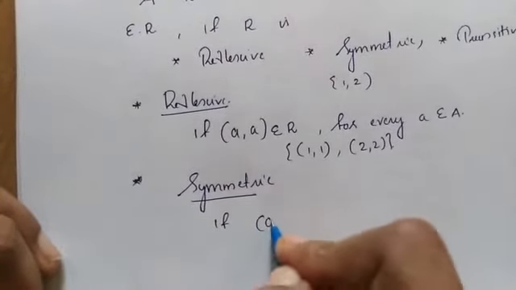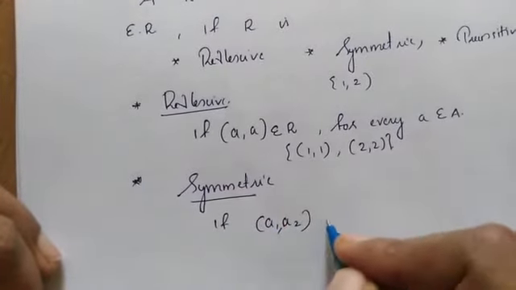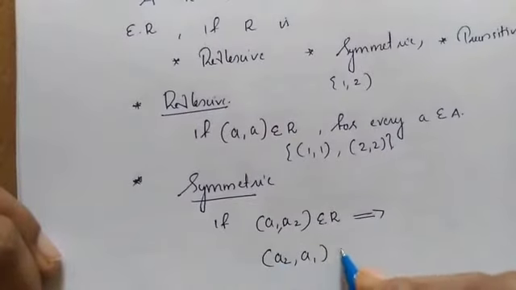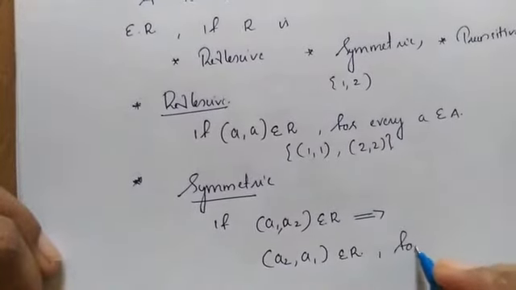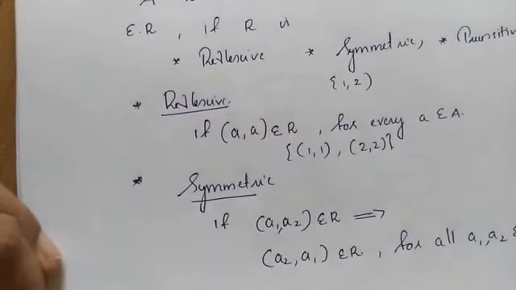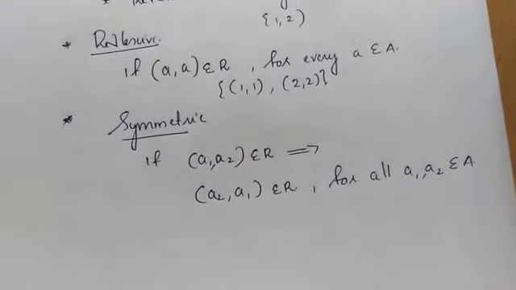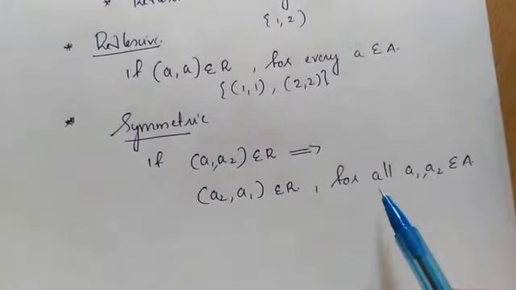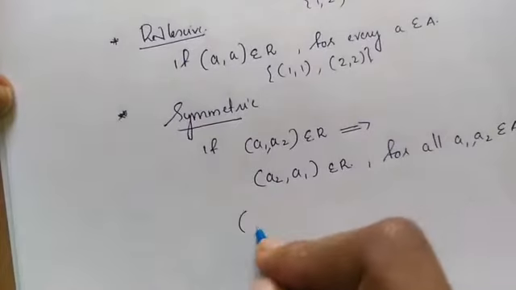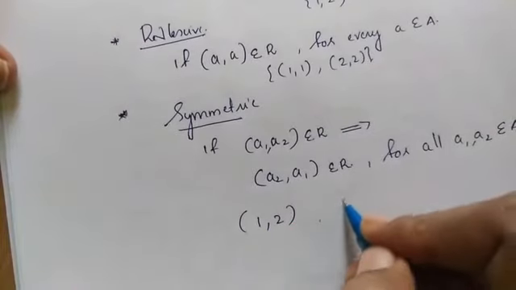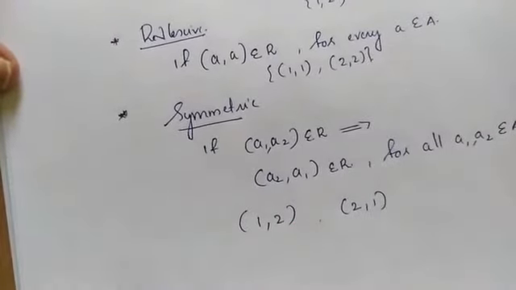If (a1, a2) is an element of R implies that (a2, a1) is also an element of R for all (a1, a2) element of A. Once again, if (a1, a2) element of R implies that (a2, a1) element of R for all a1, a2 element of A. That is, if (1, 2) is an element of relation R, then (2, 1) should also become an element of R.